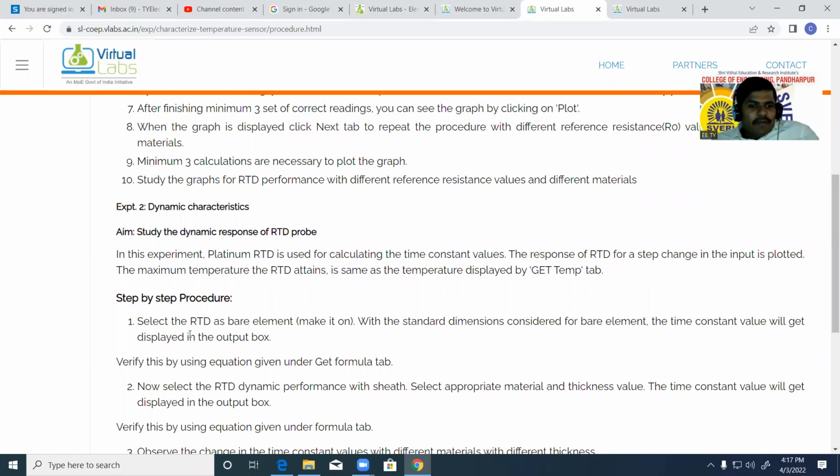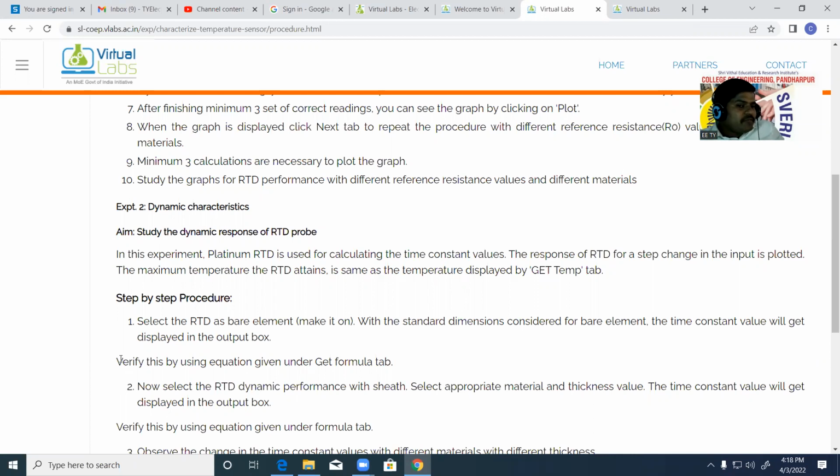The maximum temperature the RTD element attains is the same as the temperature displayed by the get temperature tab. We want to plot that graph also.